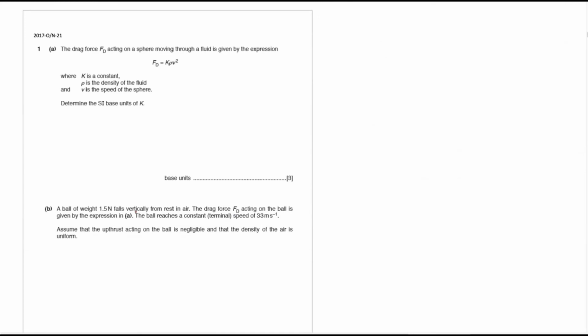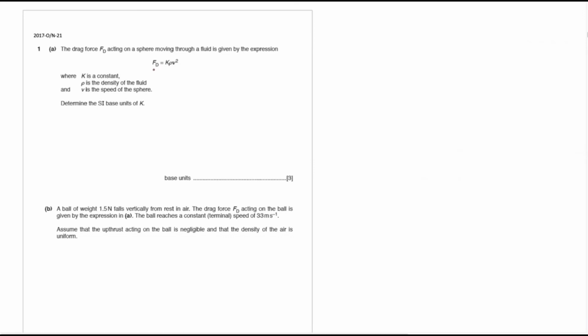Drag force. The drag force Fd acting on the sphere moving through a fluid is given by the expression Fd equal to k rho v squared. Drag force formula. Drag force is viscous force, that is what we heard just now.